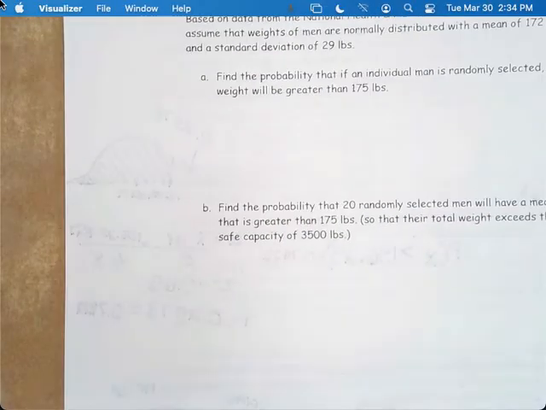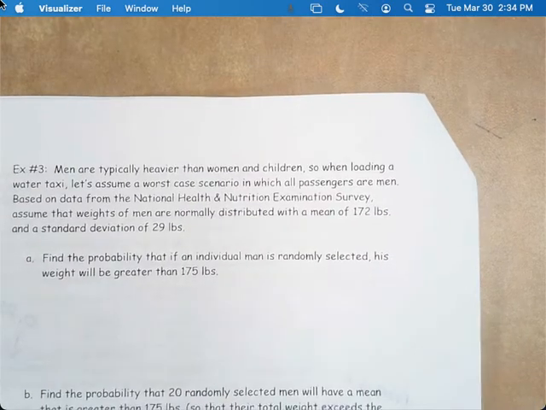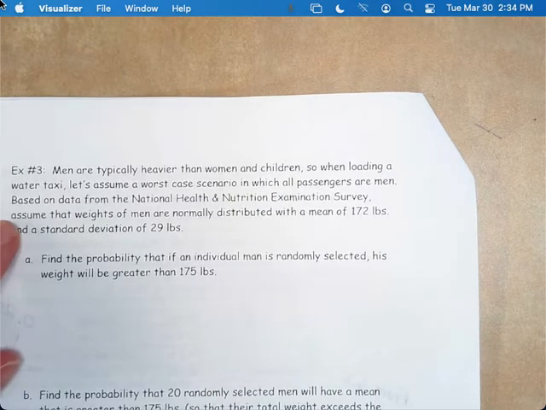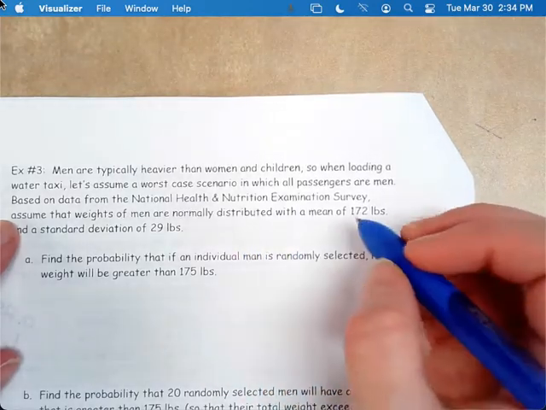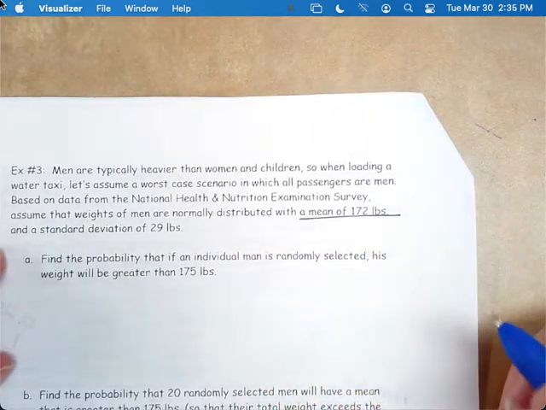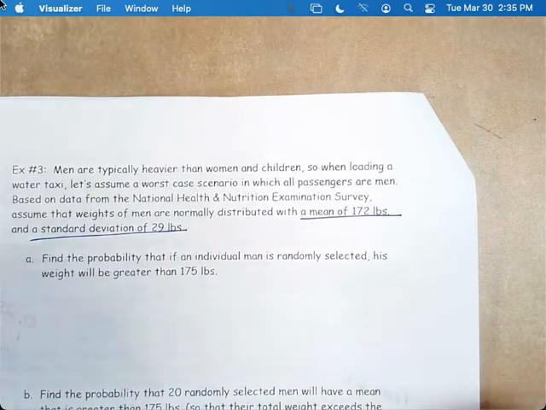Men are typically heavier than women and children. So when loading a water taxi, let's assume the worst case scenario in which all passengers are men. Based on the data from the National Health and Nutrition Examination Survey, assume that weights of men are normally distributed with a mean of 172 and a standard deviation of 29.